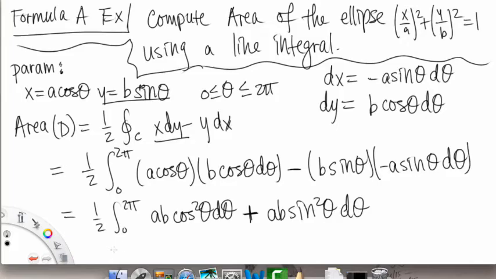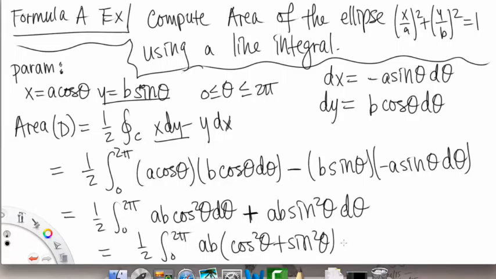So in the next one, I'm just going to factor out the ab and the d theta. So we get 1/2 times 0 to 2 pi, and then I have an ab in front, and then cosine squared theta plus sine squared theta times d theta. And as we all know, sine squared theta plus cosine squared theta equals 1. So I'll continue this on the next slide.